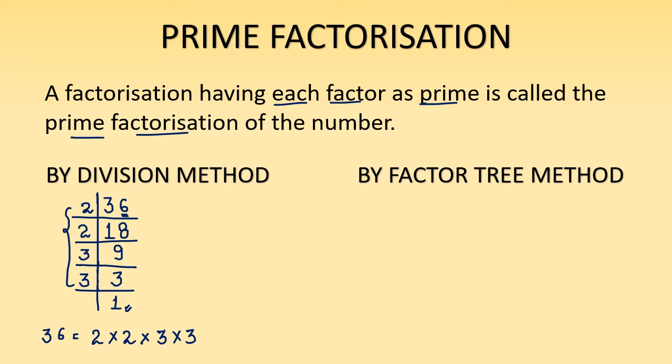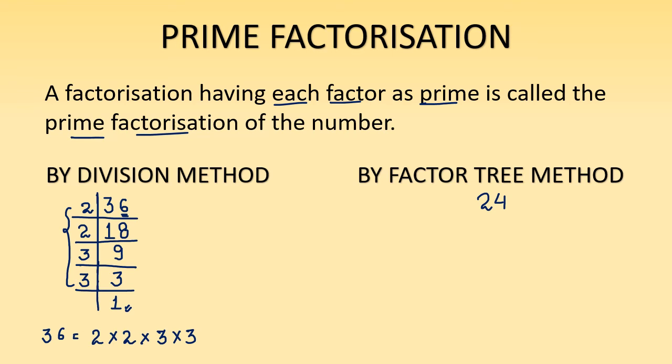Now if we have to find the prime factorization using the factor tree method, let's take another number, that is 24. We have to find the prime factors of 24 using the factor tree method.